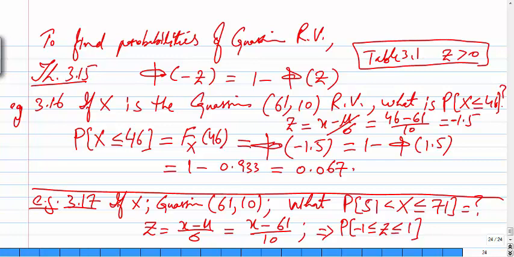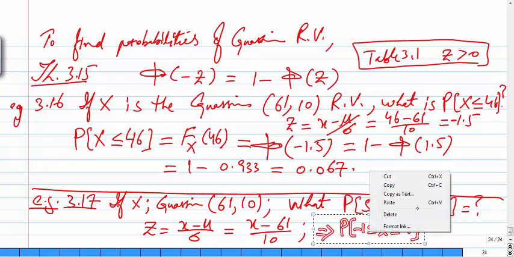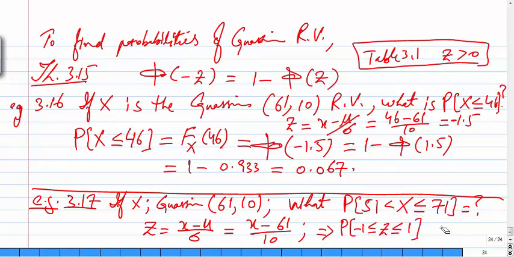So let me rub this equality here, it is only less than. Now we know that we can easily calculate it. It becomes phi of 1 minus phi of minus 1. Okay. So let me write on the next page.